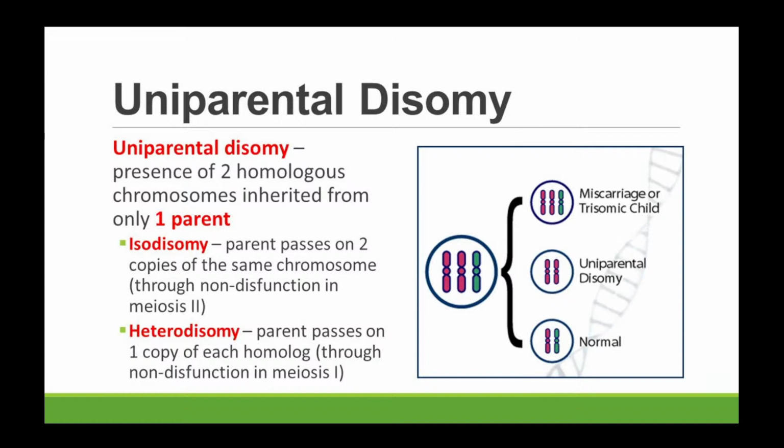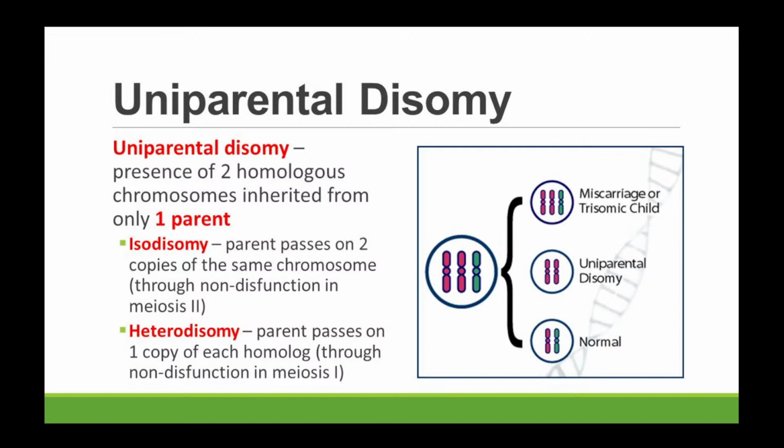Uniparental disomy is the presence of two homologous chromosomes inherited from only one parent. Isodisomy: the parent passes on two copies of the same chromosome through non-disjunction in meiosis II.